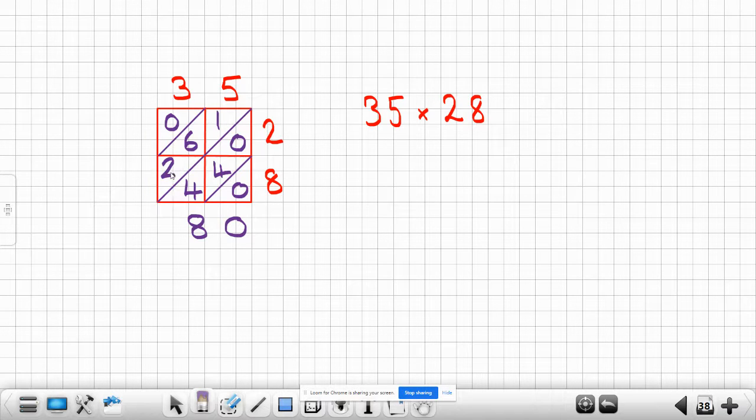So if we look between those two, we get a 1, a 6 and a 2. 6 and 2 is 8, plus 1 is 9. And then if we look above our first diagonal, it's a 0. So we don't need to worry about that. So 35 times 28 is 980.